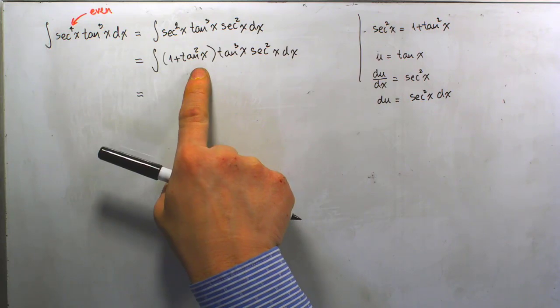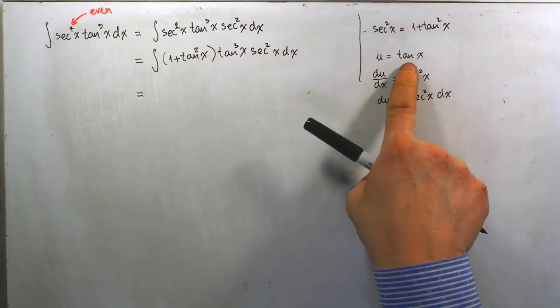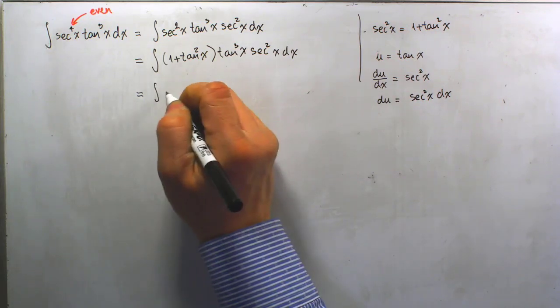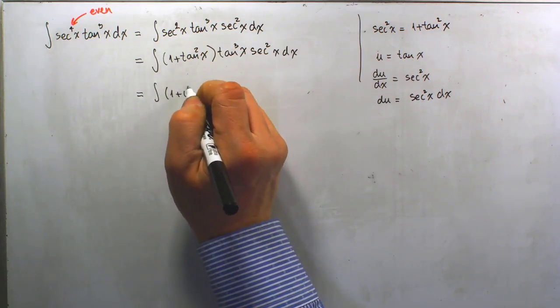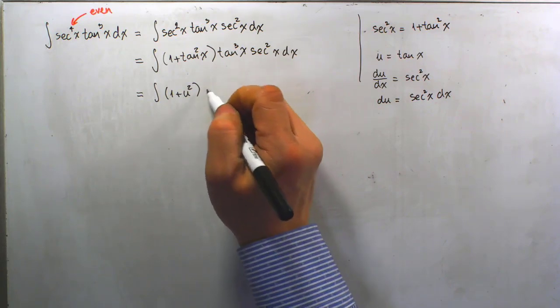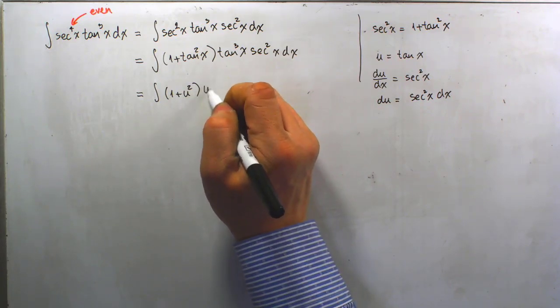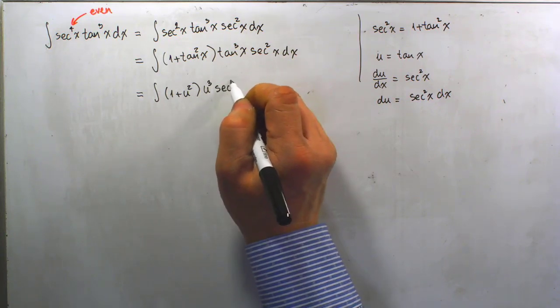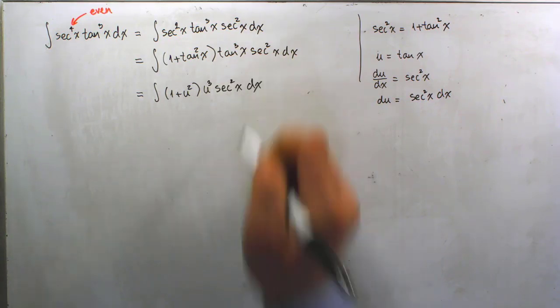1 plus u squared, as I substitute u for tangent. So 1 plus u squared times u cubed times secant squared of x dx.